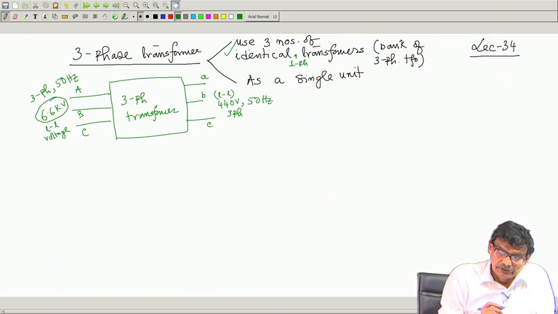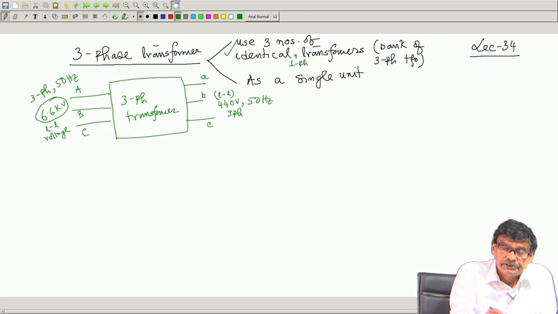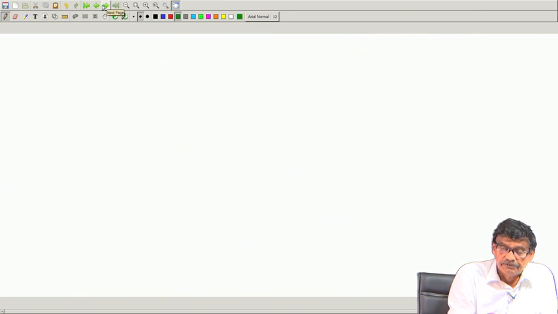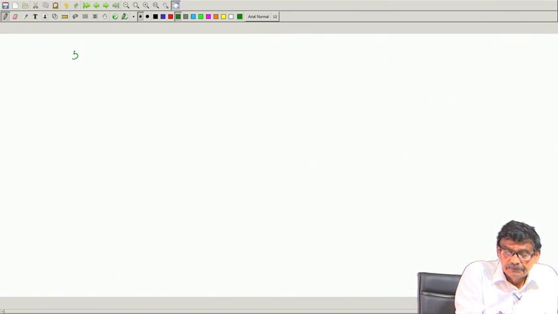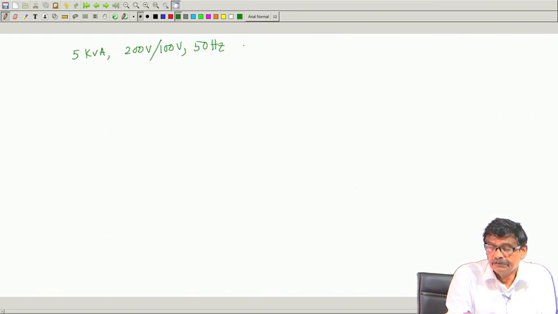Now, let us assume that I have 3 numbers of single phase transformer, each of rating say 5 kVA, 200 volt stroke 100 volt, 50 hertz single phase transformer.